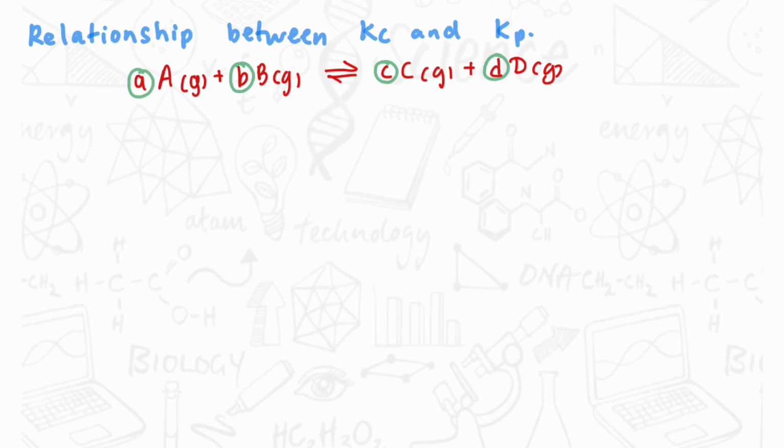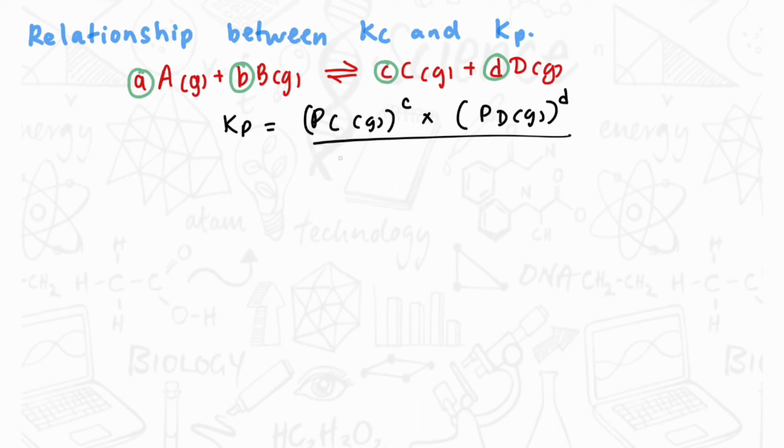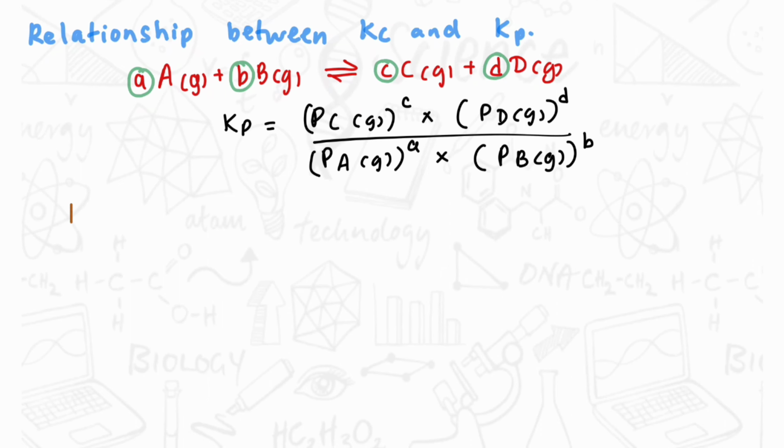Now let's talk about the relationship between Kc and Kp. If you write the Kp expression for this reaction, Kp is equal to partial pressure of C gas to the power c times partial pressure of D gas to the power d divided by partial pressure of A gas to the power a times partial pressure of B gas to the power b. So, assuming ideal gas behavior by the equation PV equals nRT, we can derive P is equal to CRT.